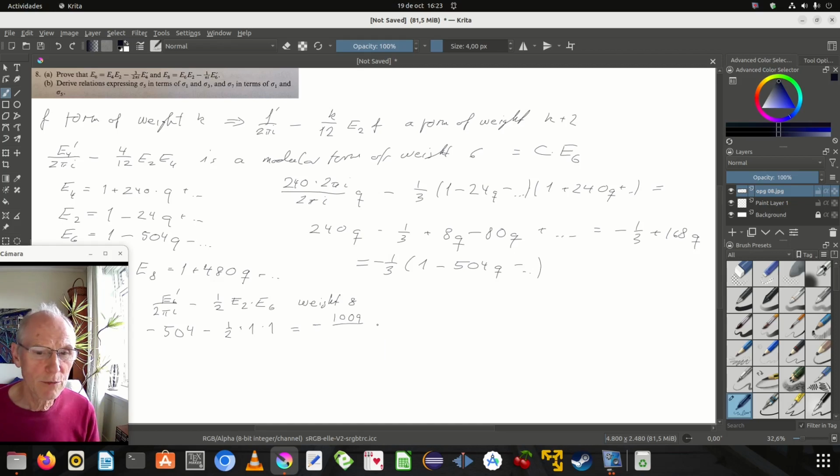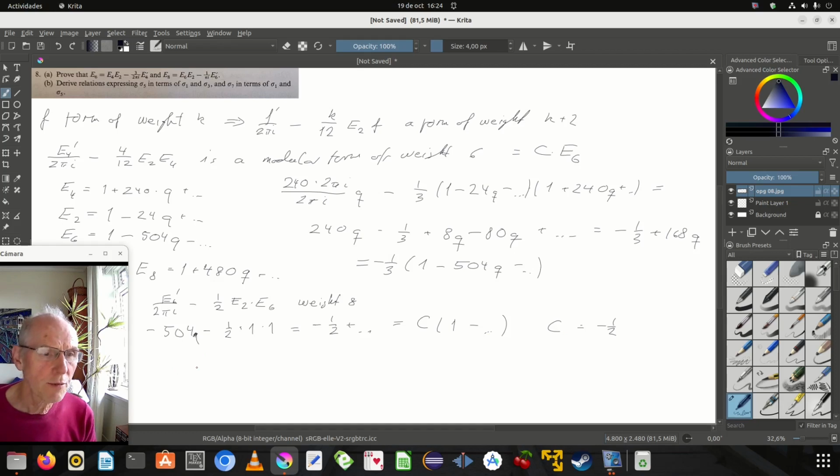So it's just minus 1/2 plus something times q. So it's equal to some constant times 1 minus etc. So we can easily see that C equals minus 1/2.